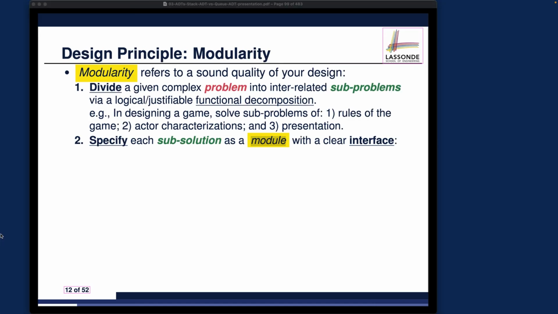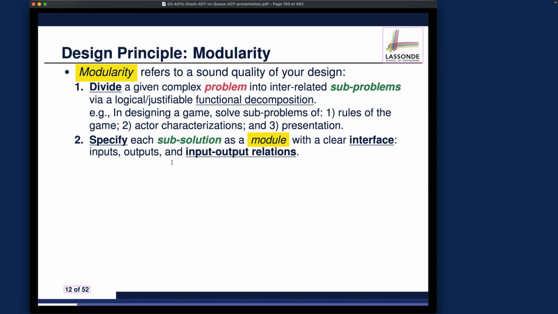Okay, let's now move on. Once you specify for individual sub-problems, of course you want to make sure each module really has a clear interface. You want to know exactly what the input is and what the output is. I want to connect this to what it really means for a computational problem to be well specified, right? Remember, we talked about this in the very beginning of the semester.